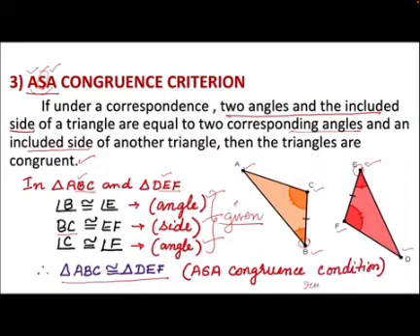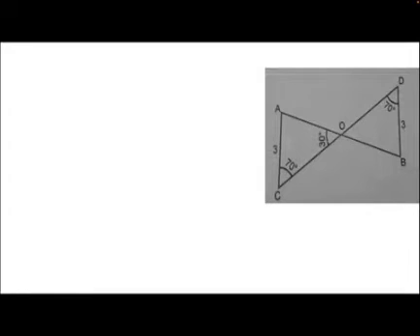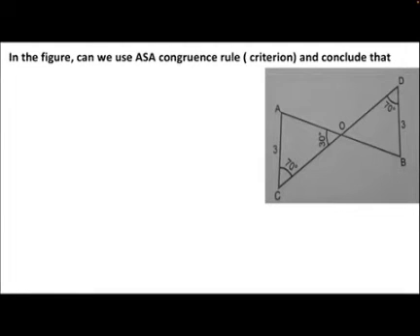Condition, criterion, rule, all are the same. So what are the three criteria you learned? SSS, SAS and ASA. Okay, so now you have an activity here.